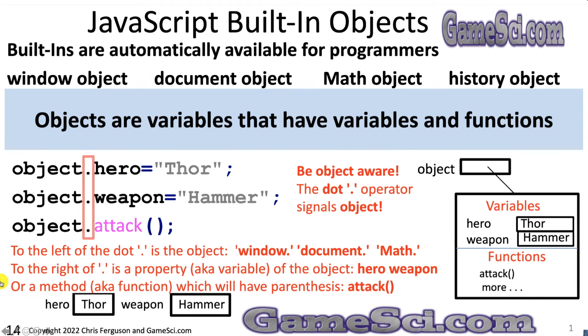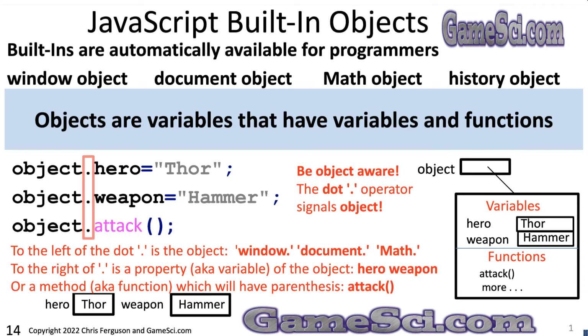Just be object aware. When you spot that dot operator, that period, it signals that you are dealing with an object. All of this is signaling that this is an object to the left. To the left of the dot is the object. Now if you see window dot or document dot or math dot, that's telling you window, document, and math are objects.